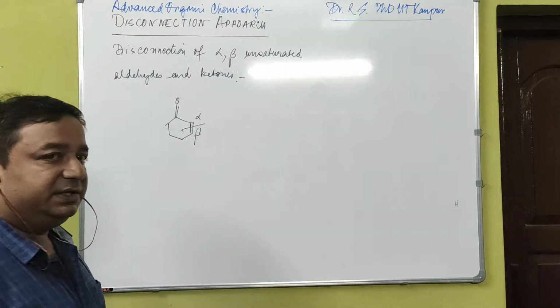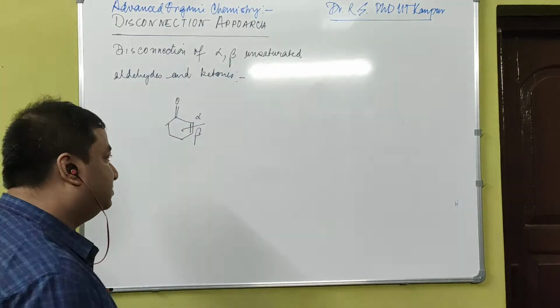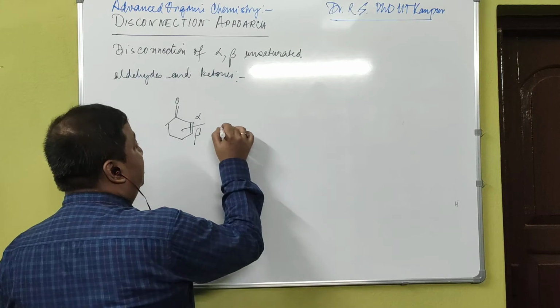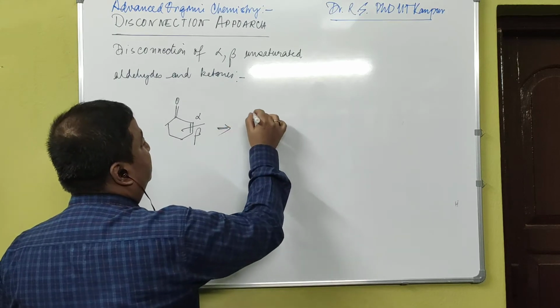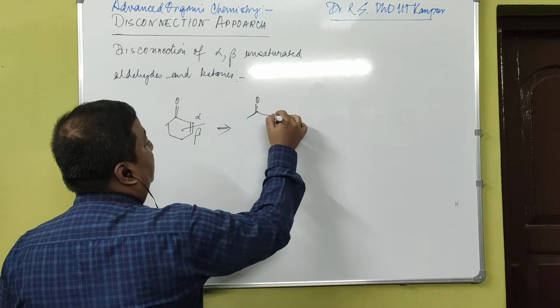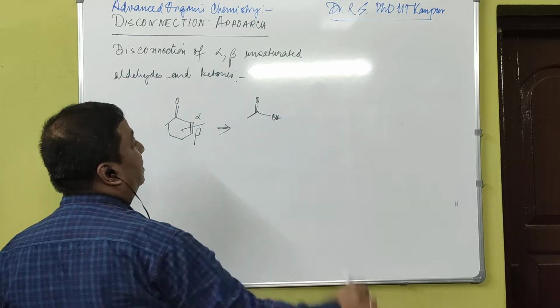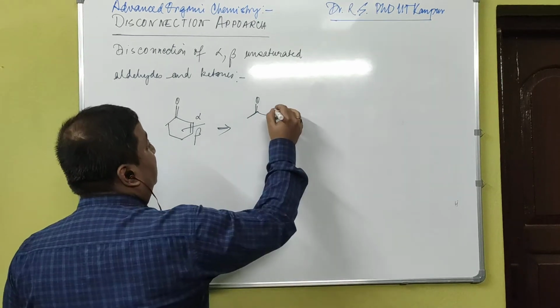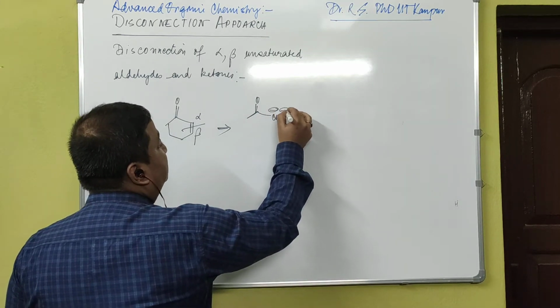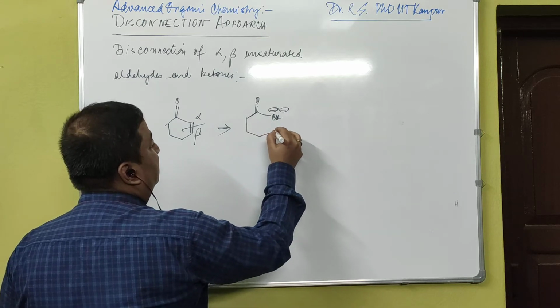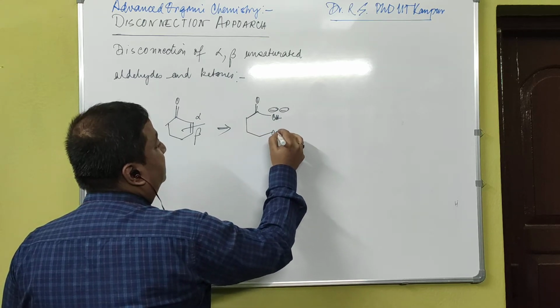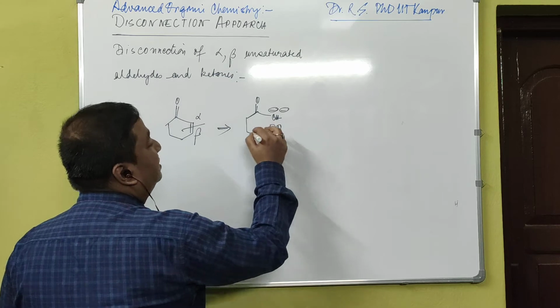Disconnect where? At the alpha beta bond. Why do I keep the minus charge? Where do I keep the plus charge? Obviously on the carbon that is alpha, so here is your minus minus. This is your beta carbon, keep your plus plus.